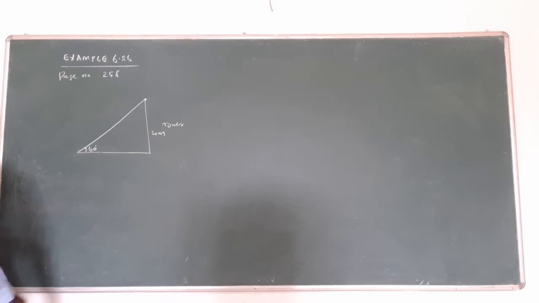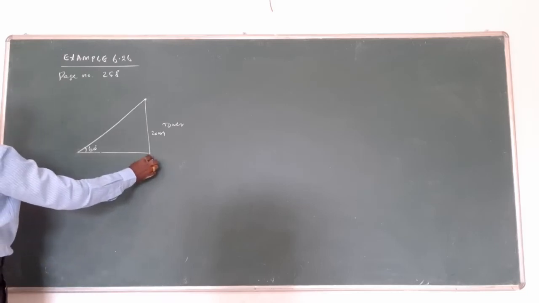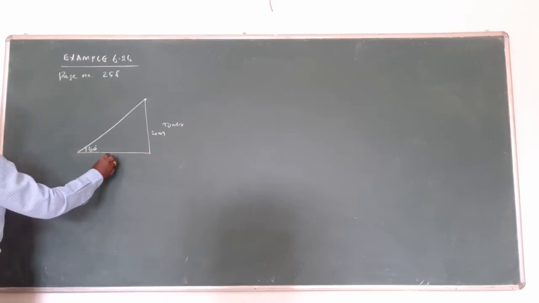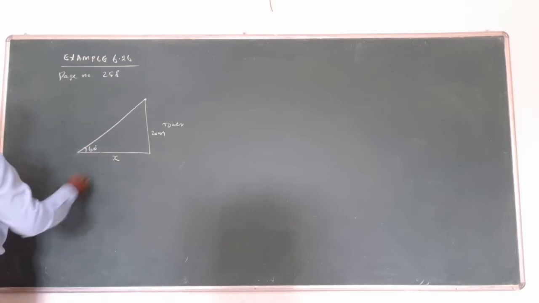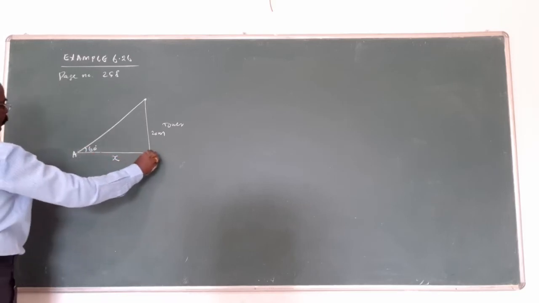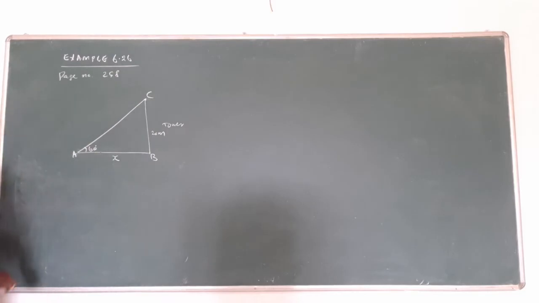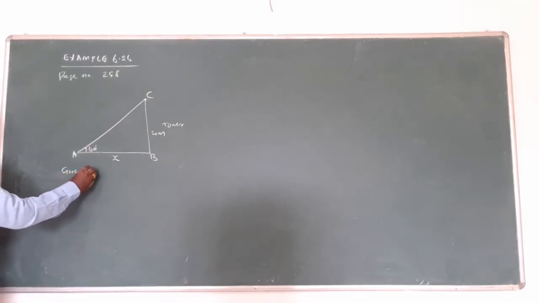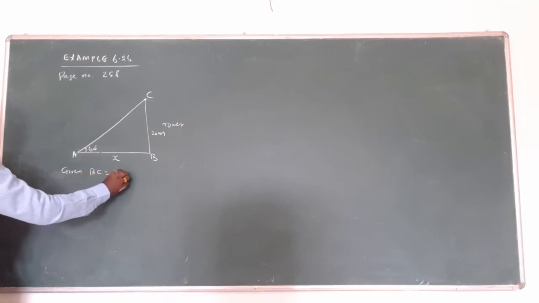The distance between the foot of the tower and the ball is asked. This is asking the distance. Am I right? What is given? Given BC equal to 20 meter. That's all.